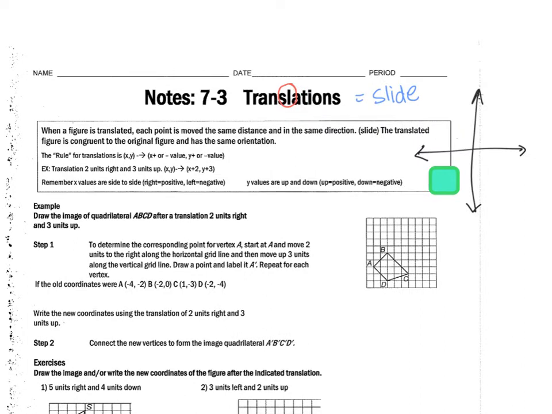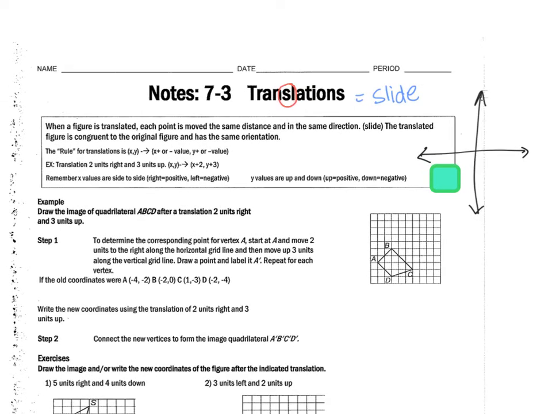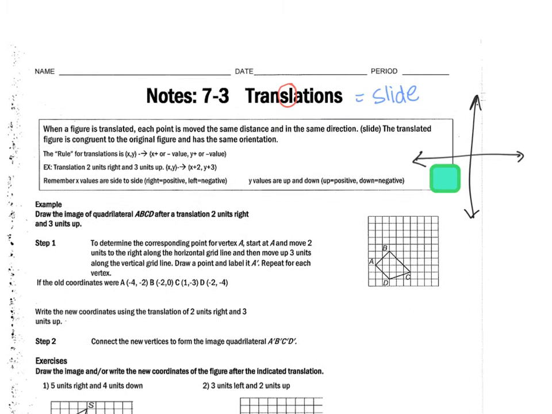So what I mean by slide is, say this neon green square down here is my pre-image, and in the example it says the rule for translation is (x, y) goes to (x plus or minus your value, y plus or minus your value). So example: translation 2 units up and 3 units right.